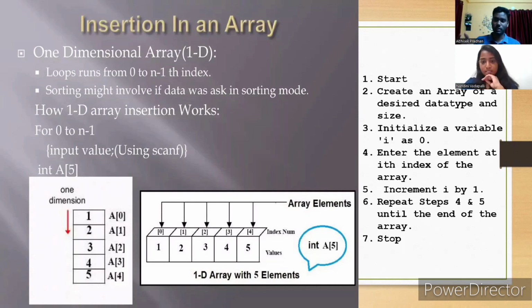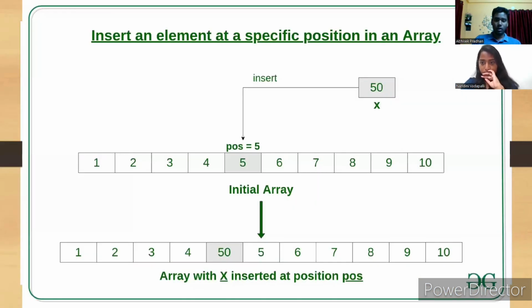So if you need to insert an element in between, the neighbor elements should be shifted to the index plus 1. Now, if we have an array 1, 2, 3, 4, 5, 6, 7, 8, 9, 10, and at position 5, I need to insert this new value 50, I'm not replacing it.